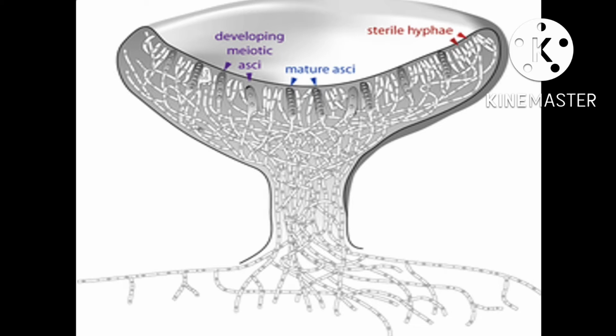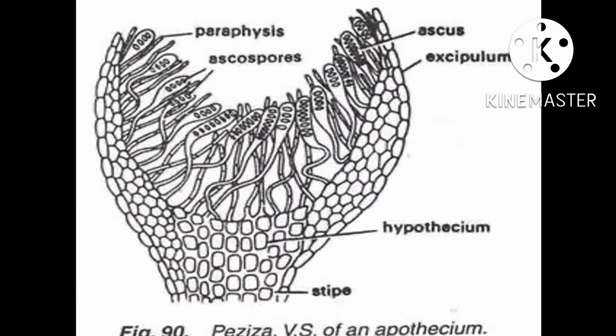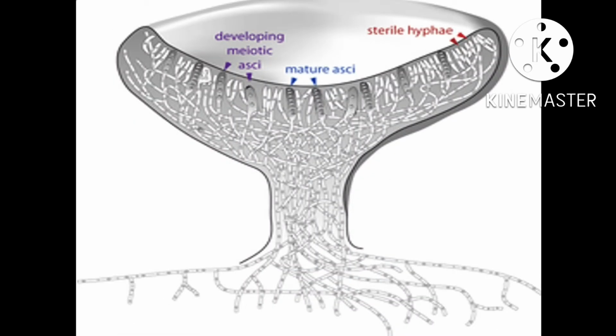The asci in most Ascomycetes are produced inside complex fruiting bodies called ascocarps. However, in some cases ascocarps are not formed, as the asci are produced naked and singly, like in yeast. The ascocarps are of three types.